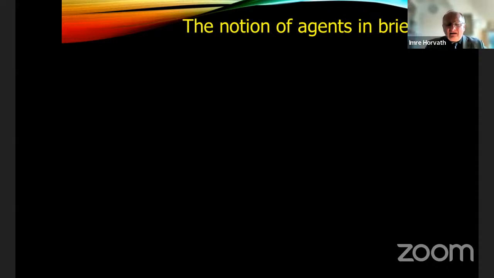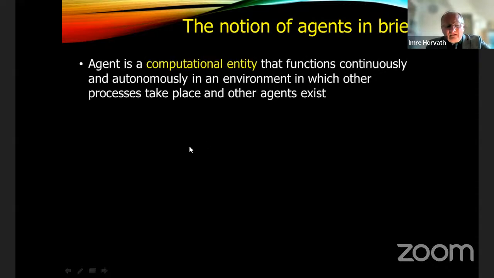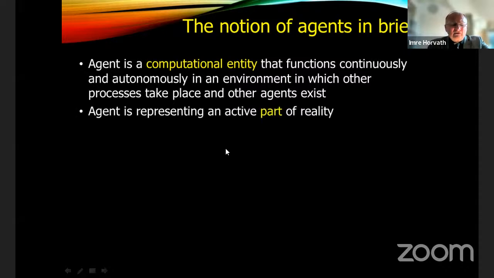But we can add a lot of things to this, and in fact, in the rest of my presentation I will talk about those things: what we experience, what we believe is important and not so frequently discussed on the internet. So the starting point is that an agent is a computational entity that functions continuously and autonomously in an environment in which other processes take place and other agents exist. So the agent should adapt to them.